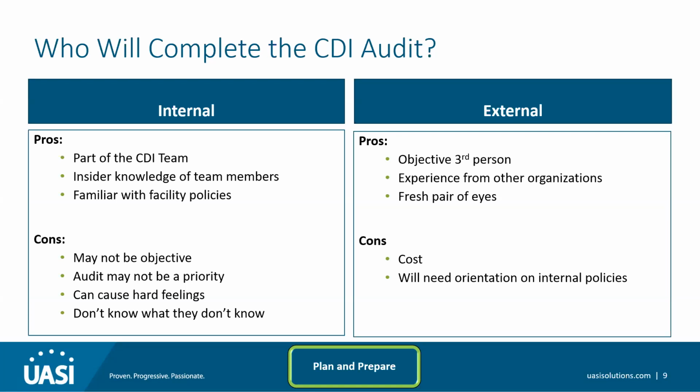But of course, that comes with some cons as well, such as they may not be objective. Perhaps the auditor doesn't want to give their buddy an opportunity for improvement, or conversely, they have a foe on the team and become really nitpicky on those people. And audits are sometimes hard to make a priority internally, depending on the auditor's workload, especially if the auditor is assigned to a leadership position as well.